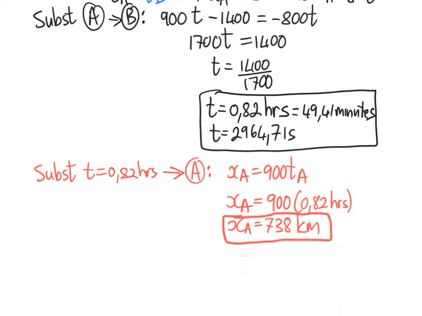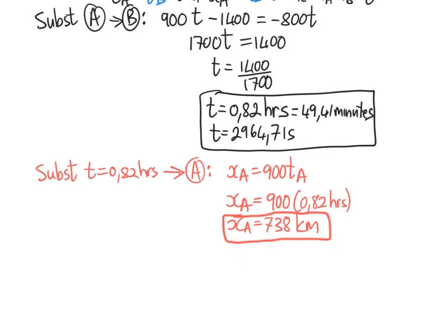If we substitute this value, t equals 0.82 hours, into equation A, which is xa equals 900ta, then we find that xa, the value of x when the two aircraft cross each other, is 738 kilometers, because 900 kilometers per hour times 0.82 hours gives us 738 kilometers from where x equals 0.